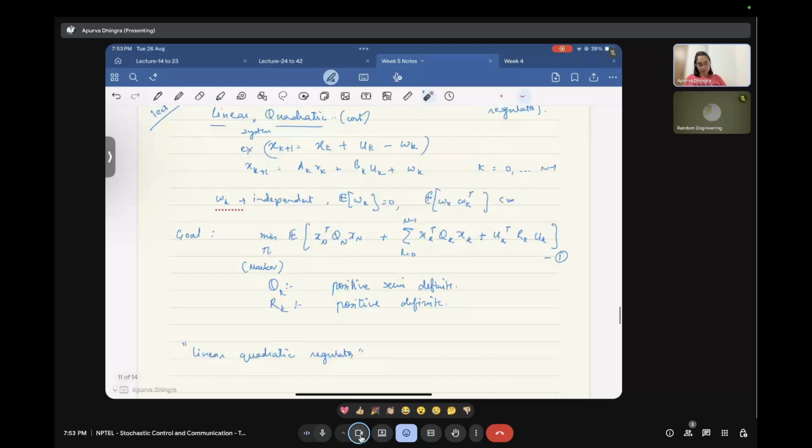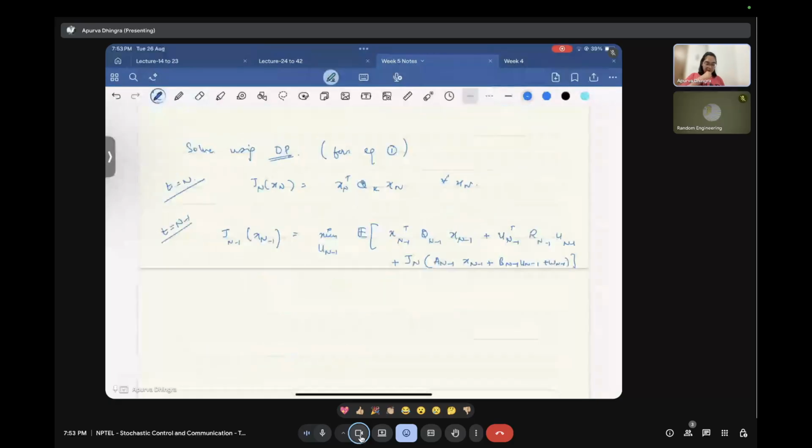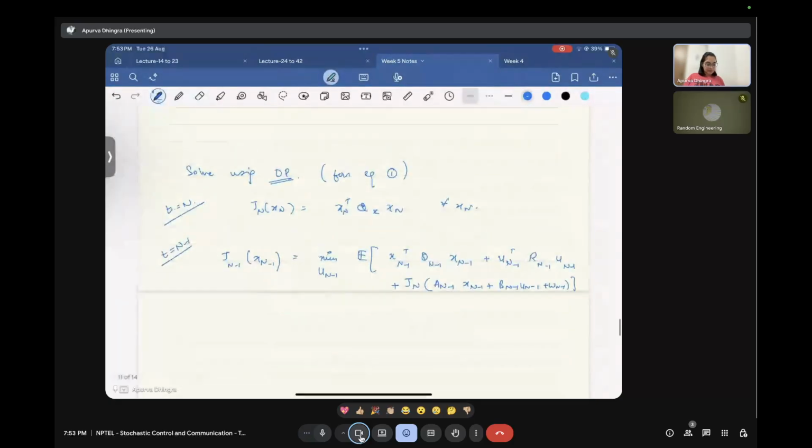That part is not changing. Then in the next time step we would be interested in optimizing a quantity like this. This is the stage-wise cost of that particular xn, and choosing the action un, plus the value function from the previous step for the particular state.